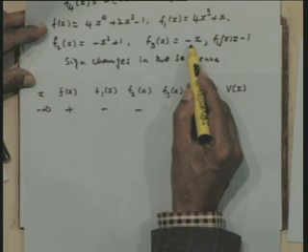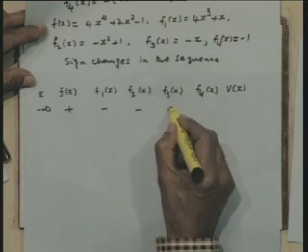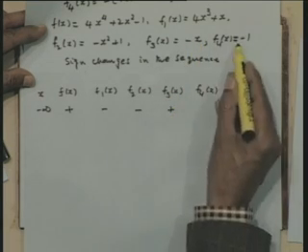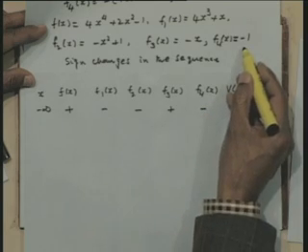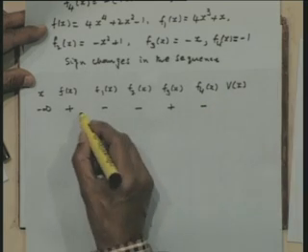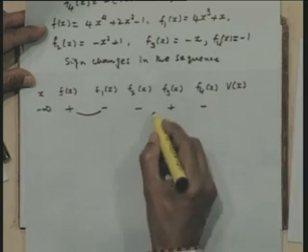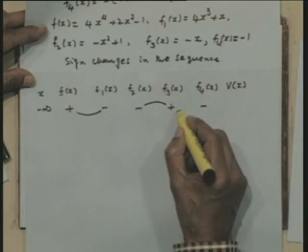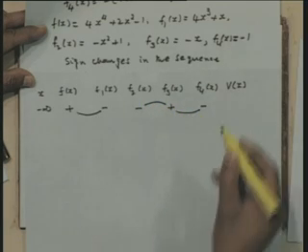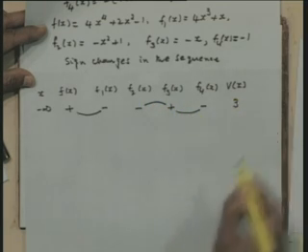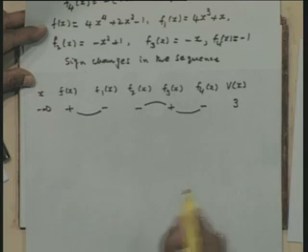This is minus x, therefore this will be plus infinity, so they will have a plus sign. f4(x) is a negative constant, therefore I have one change of sign here, another change of sign here, and one more change of sign over here. Therefore the number of changes of sign at minus infinity is 3.